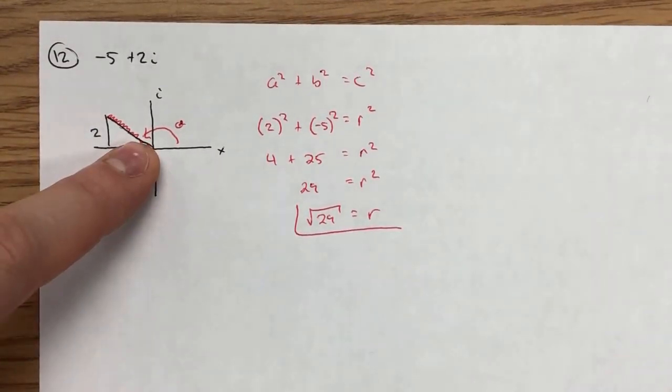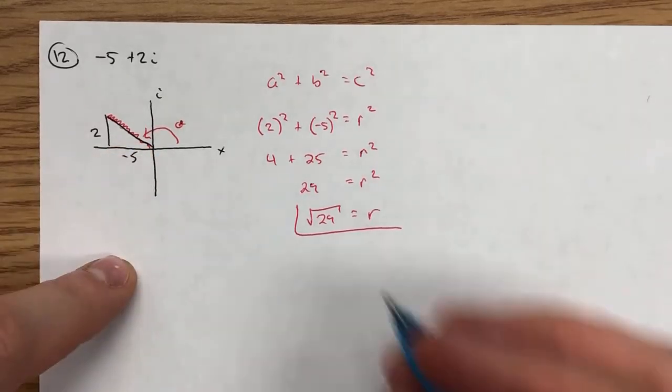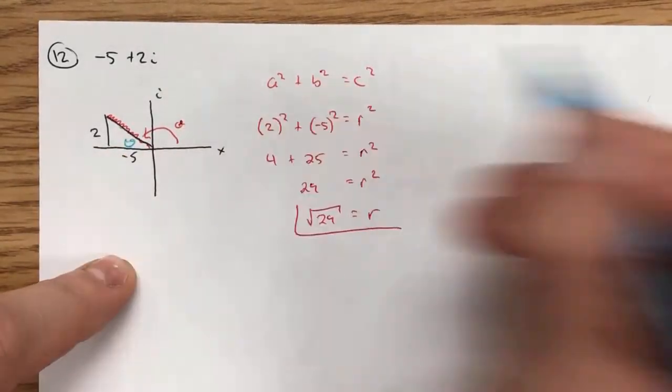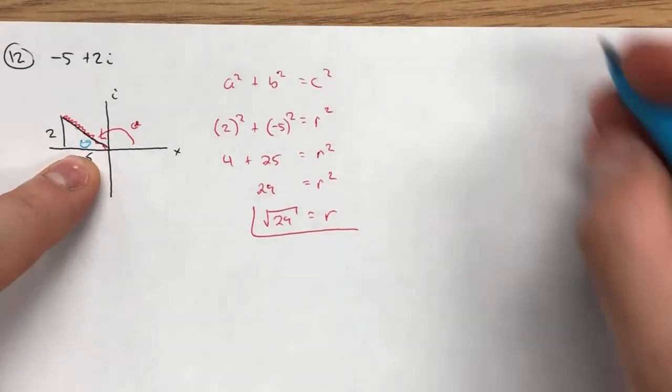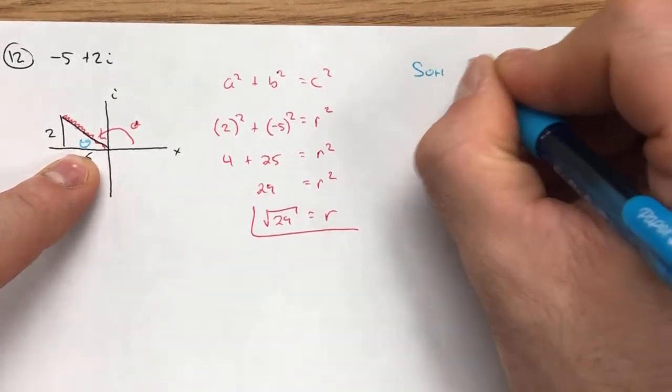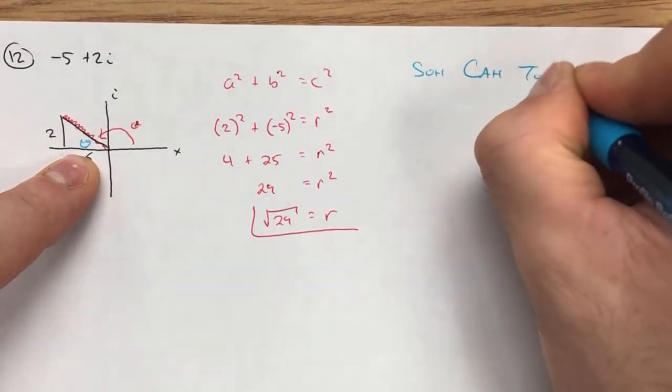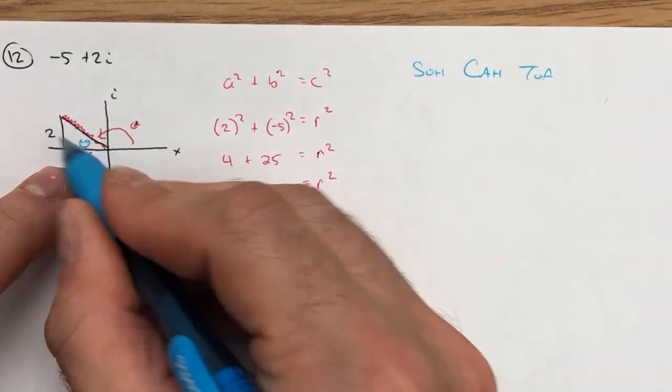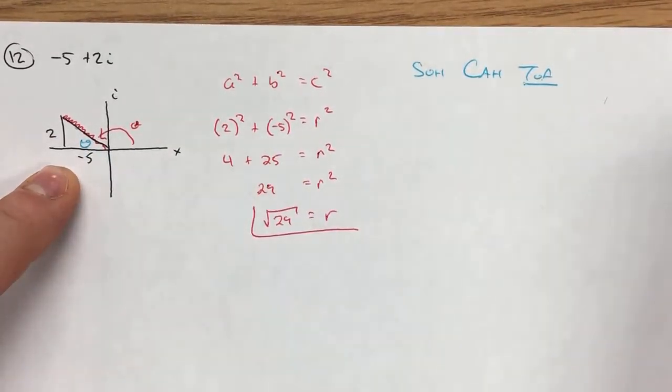The second thing we need to figure out is that angle measure. To figure out that angle measure, we're going to use this angle. I'm going to bust out SOH CAH TOA. That angle measure has the opposite and the adjacent, which is the tangent.